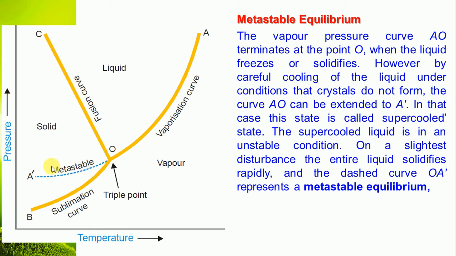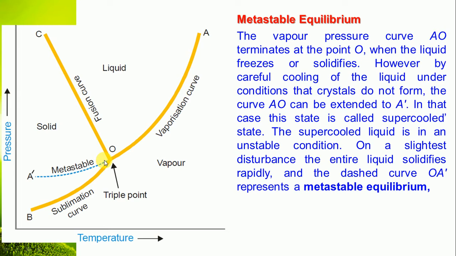Okay, let me state this again. Suppose you have got a liquid and you are cooling this liquid, and you have already decreased the temperature below 0 degrees Celsius. Below 0 degrees Celsius, the liquid water should become solid ice, but you have cooled the liquid very carefully, so the water has not become solid ice.